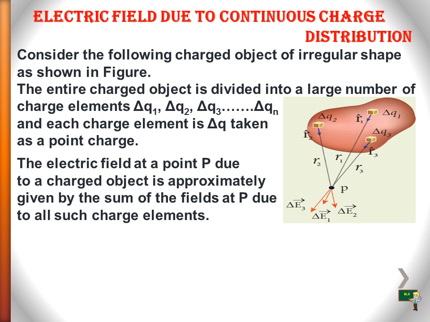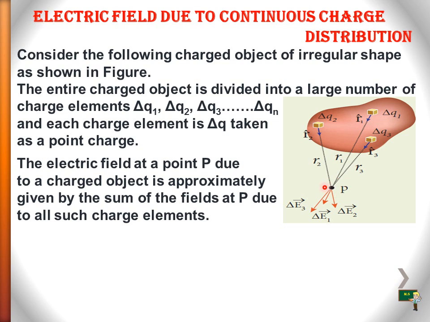You understand? Right. Now the electric field at a point P, which is here, is due to the charged object. It is approximately given by the sum of the fields at P due to all such charge elements. That means the charge elements Q1, Q2, Q3 all meet at this point.